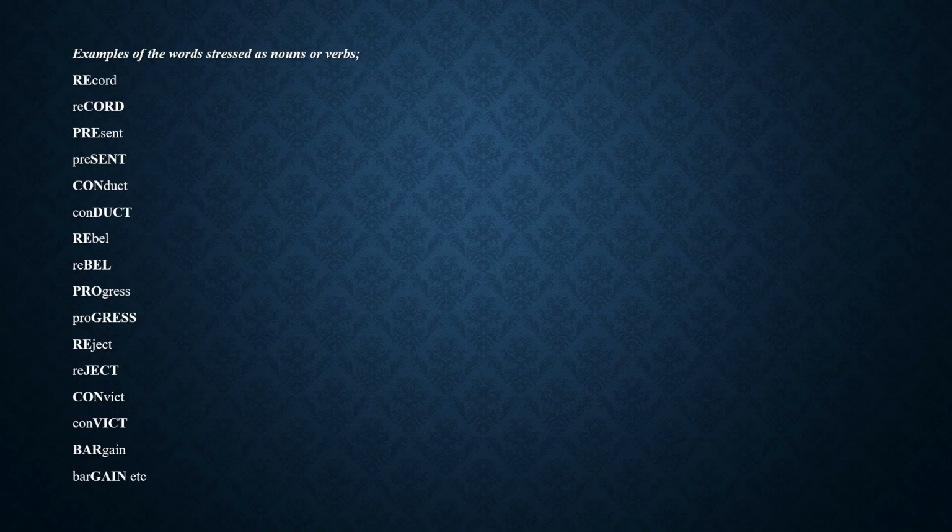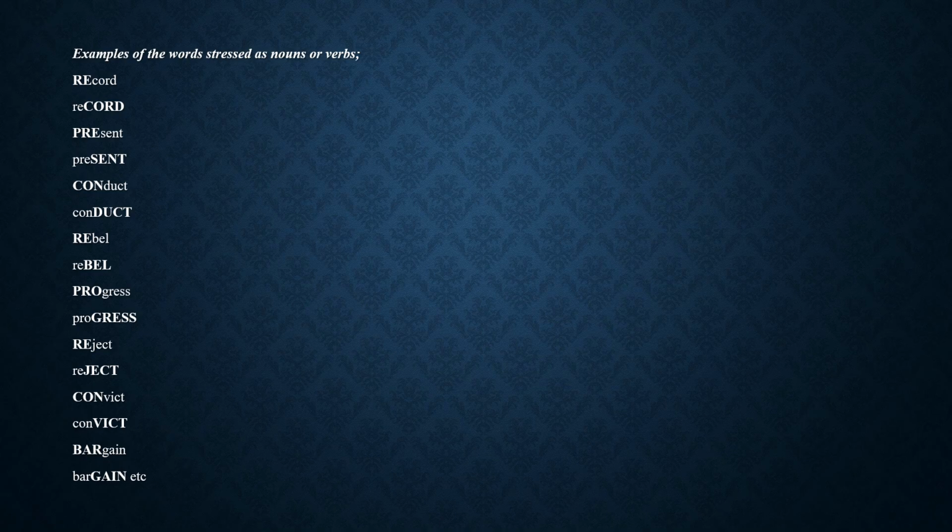Okay, I have here a list of examples of words that are stressed either as nouns or verbs, and we are going to go through the list so that we can help each other know how the words are going to be pronounced depending on the syllable that is stressed.